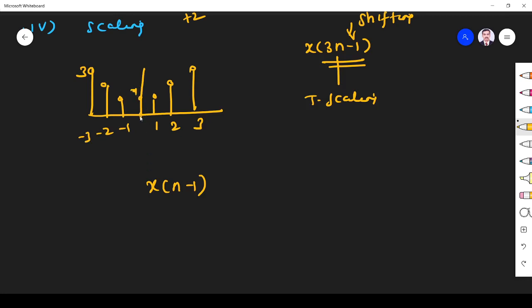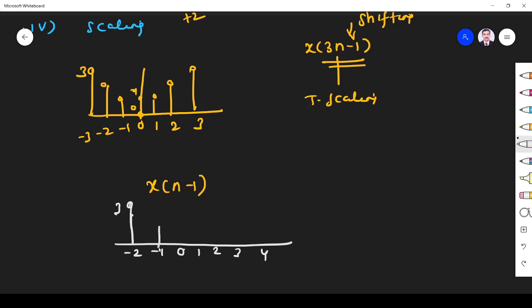First we have to do x of n minus 1, shift right by 1 unit. Whatever is here will be shifted by 1 unit right. So minus 3 will go to minus 2, minus 1, 0, 1, 2, 3, 4. One unit shift, so minus 2 to plus 4. Everything will be shifted 1 unit.